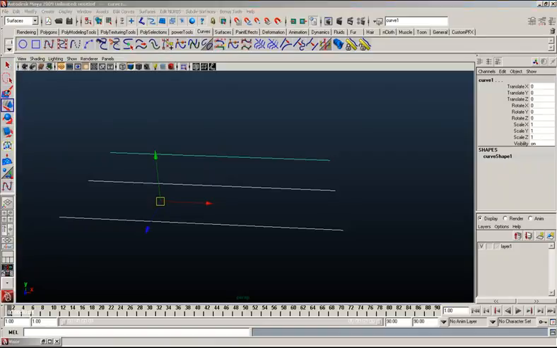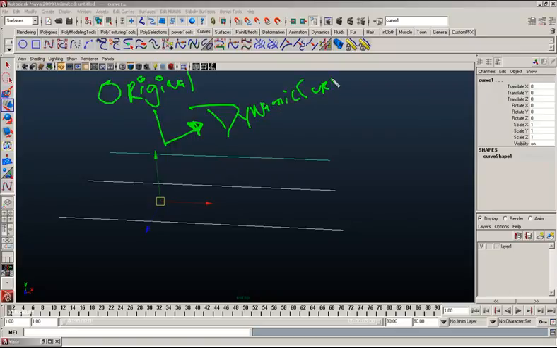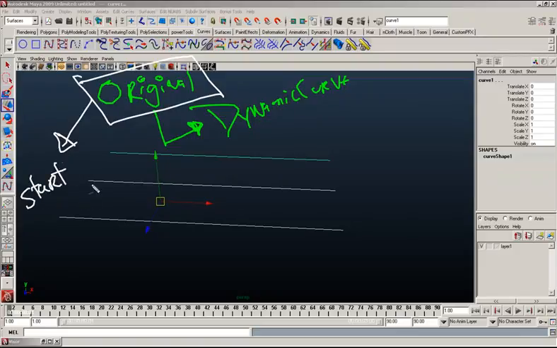Dynamic curves are made up of an original curve which drives a dynamic curve. The original guy is usually called the start. Let's change the color of this guy.